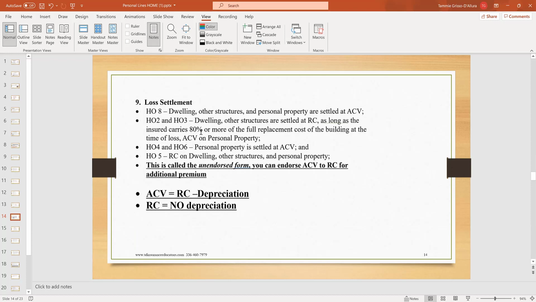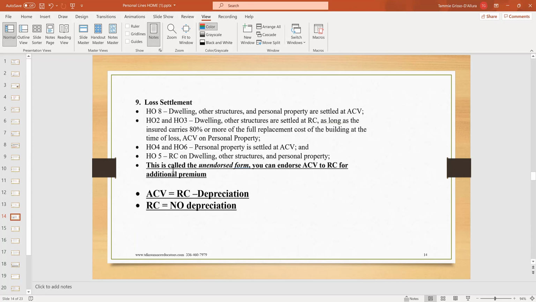And then your HO2 and HO3, your dwellings and your other structures are settled at replacement cost as long as the insured carries 80% or more of the full replacement cost of the building, which we'll talk about. But your personal property is still ACV. And on your HO4 and HO6, your personal property is ACV.